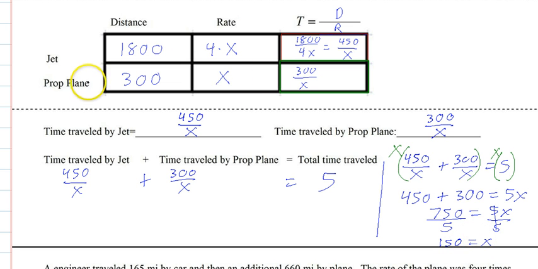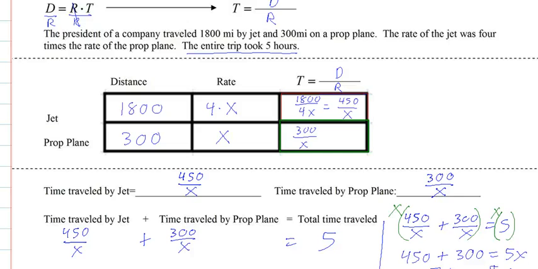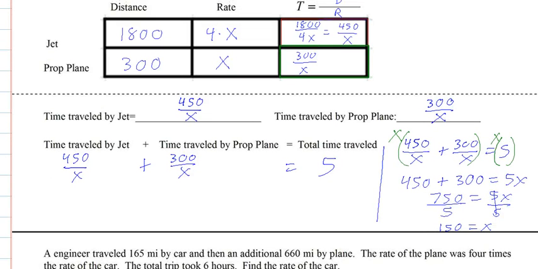X is the rate traveled by the prop plane. So what is the question asking for? It doesn't. So we're just going to assume we're looking for the rate of the jet and the rate of the prop plane. So the rate of the prop plane is 150.